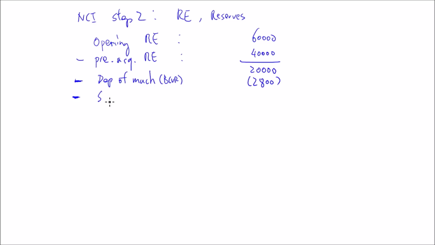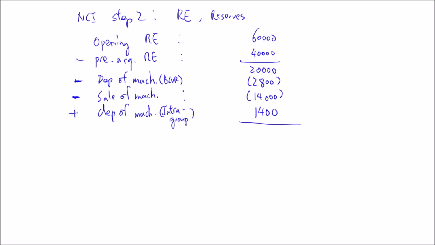So we can just write down sale of machinery, and the amount was $14,000. Finally, we want to add back depreciation of machinery. This one comes from intra-group. And this time it is an increase. So if it's an increase, you don't write down any bracket. So it's $1,400. So those are the 3 adjustments that we need to include in our retained earning calculation.